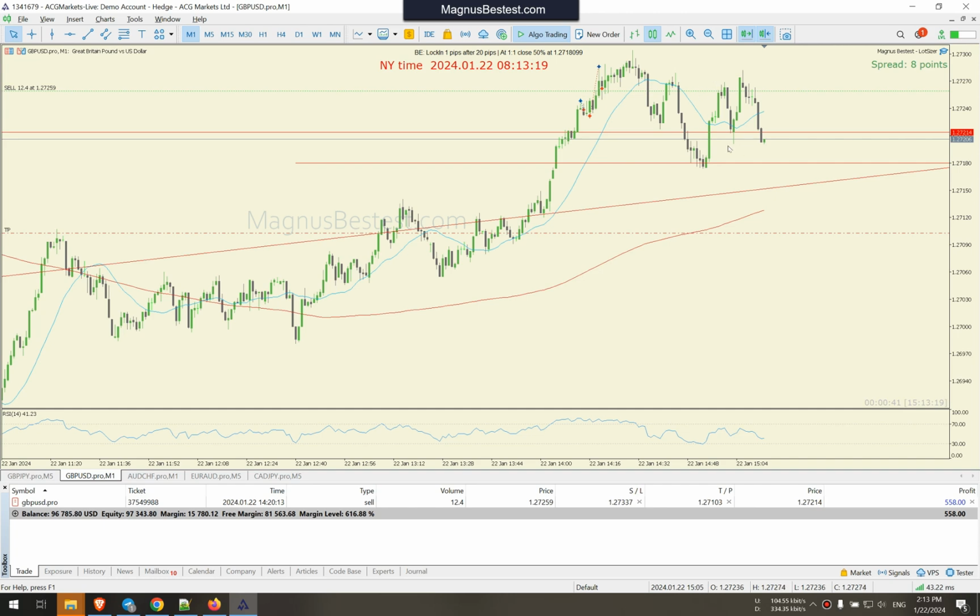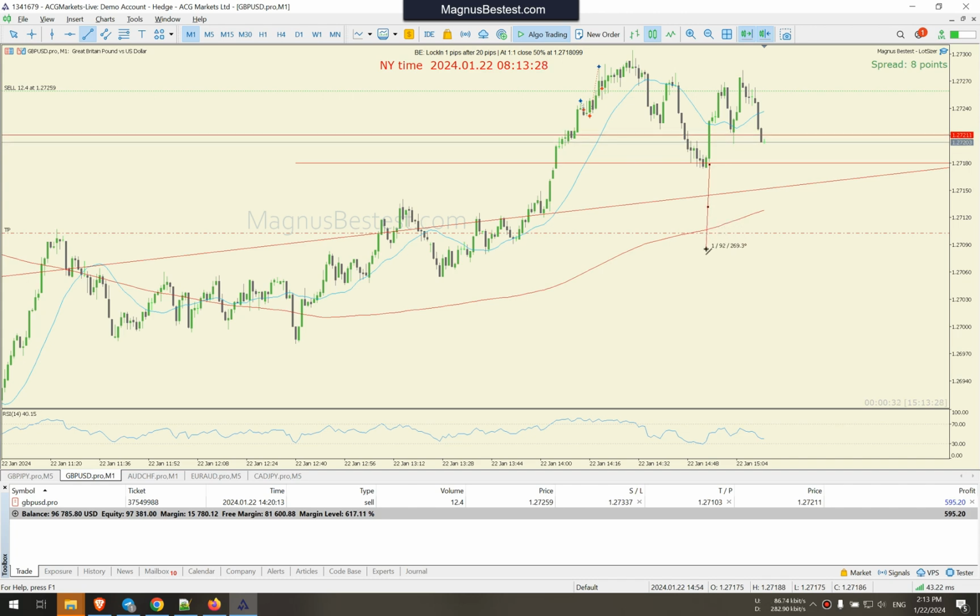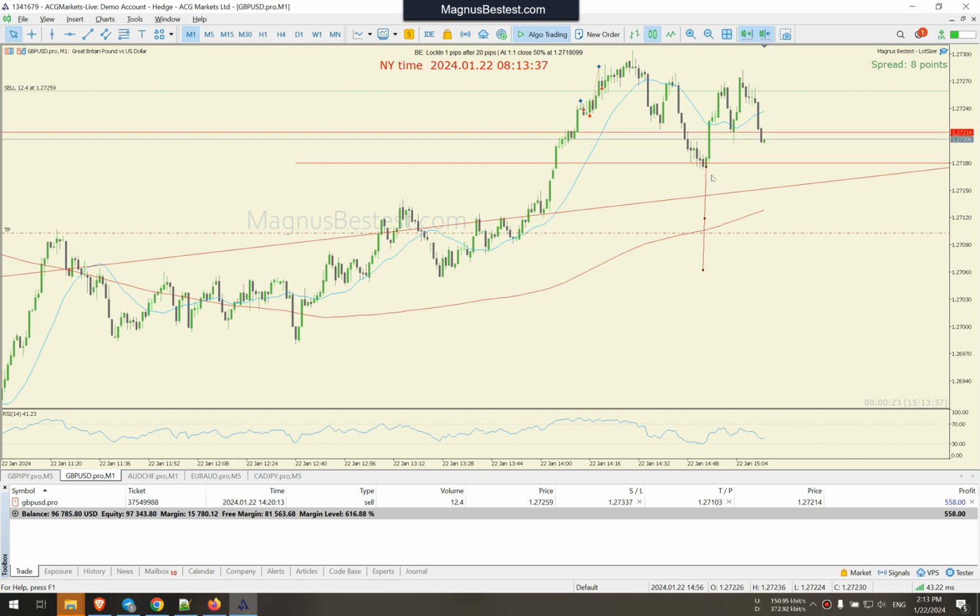And because also this is a double top, we can nicely calculate the estimation where it's gonna go, how deep down, around here, more or less.